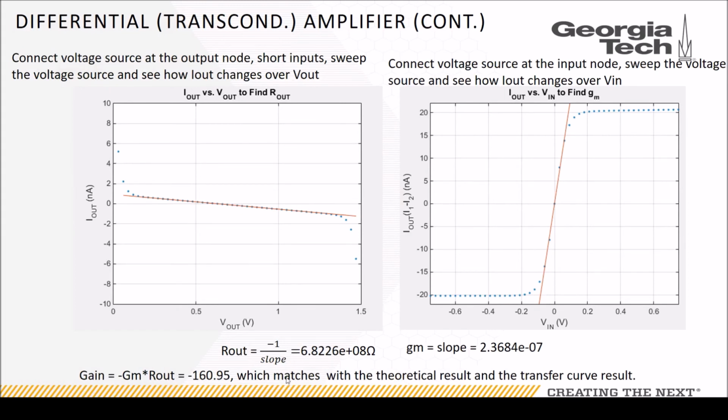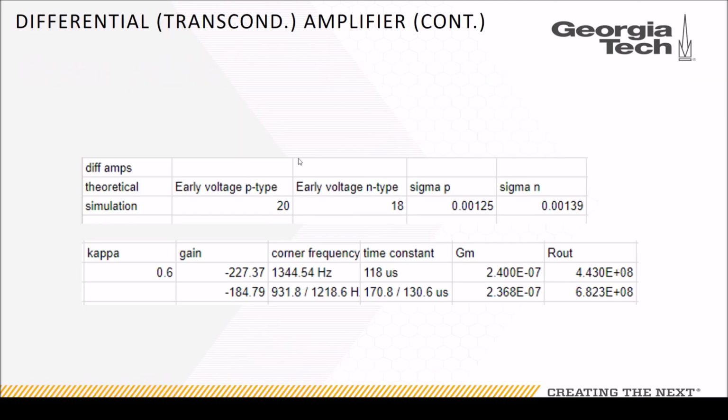Then we multiply our transconductance and output resistance to get a gain of approximately negative 160, which matches the theoretical result and the transfer curve result. And here are the parameter tables that we calculated.